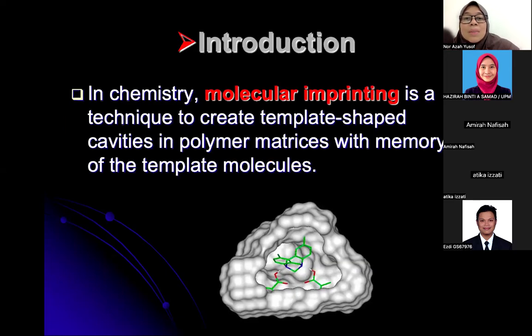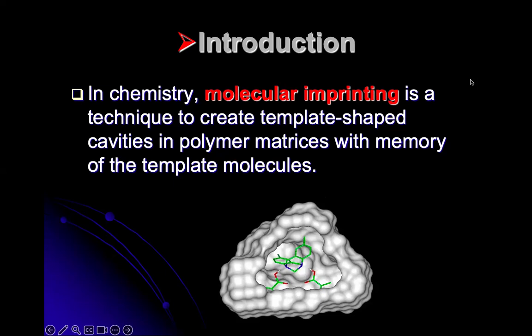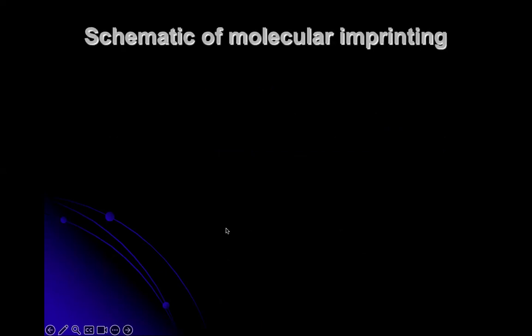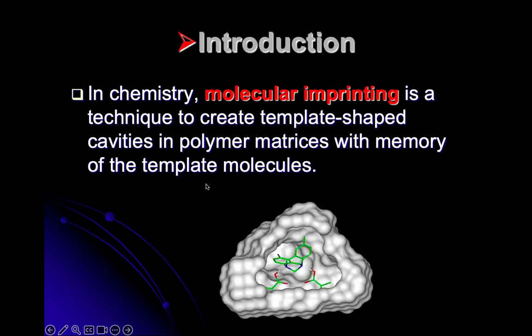That's the word. In chemistry, molecular imprinting is a technique to create template-shaped cavities in the polymer matrix with memory of the template molecules.